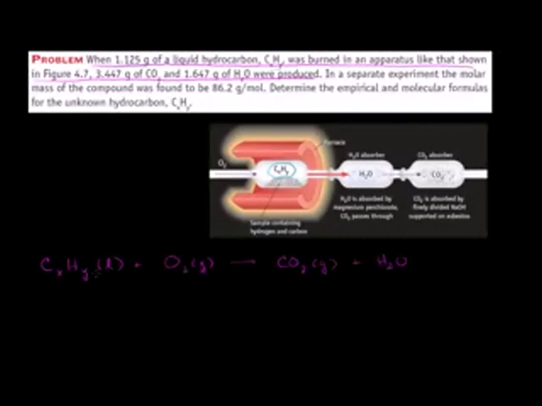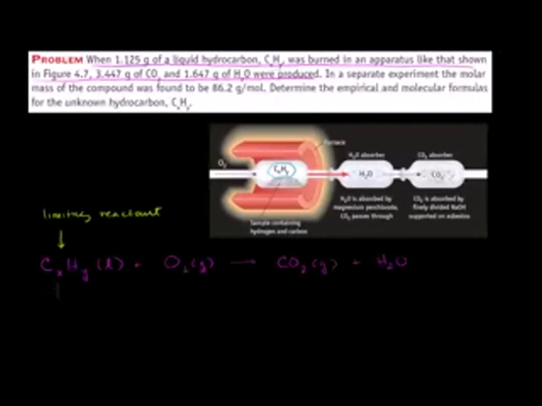But what they do tell us is how many grams of at least this we start with, and how many grams of each of these we end up with. And we're assuming that we have an excess of oxygen, that this hydrocarbon is the limiting reactant. We just have an abundance of oxygen to combust all of it into carbon dioxide and water.